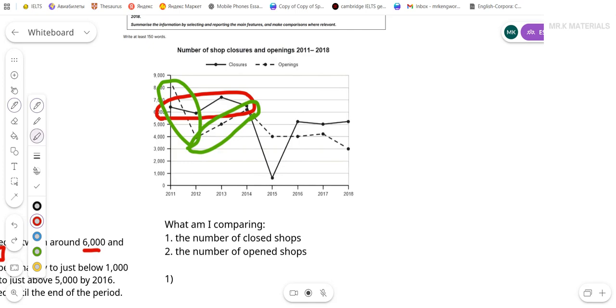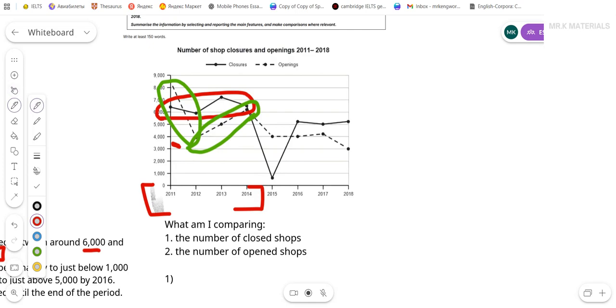Generally, I'm going to compare these categories in the period between 2011 and 2014. That's it. Because there's no way for me to compare this green circle of openings with this big circle of closures, so I have to generalize this.